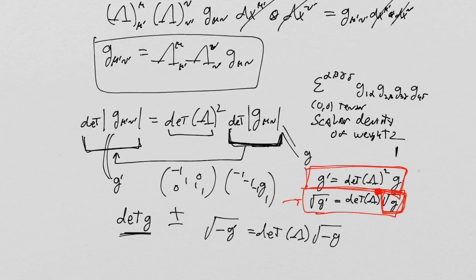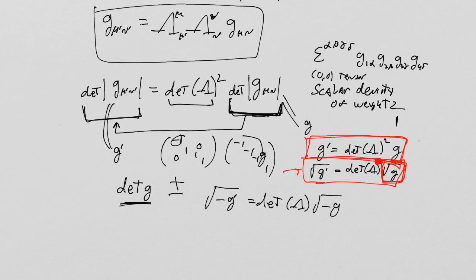It doesn't matter. It's either got 3 negative signs or 1 negative sign, and regardless, the determinant will be negative. So they put in this negative sign. Sometimes they don't, they just put in absolute values: the square root of the absolute value of G prime equals the determinant of lambda times the square root of the absolute value of G. So you'll see all 3 of those forms.